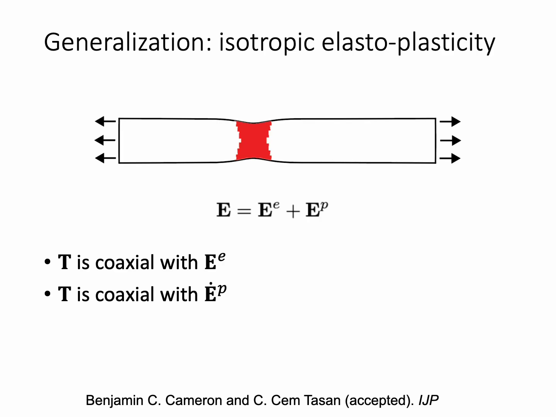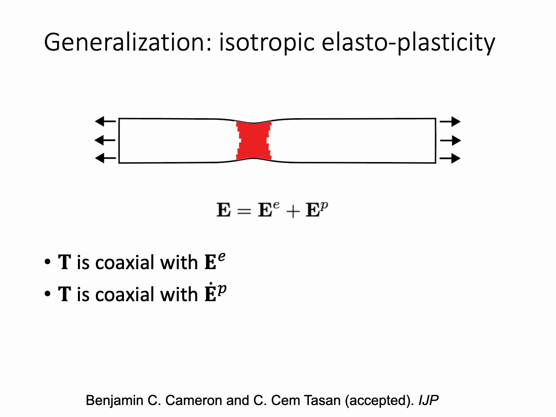However, one of the most important generalizations that we recently figured out, and this has just been accepted in IJP, is elastoplastic generalization to this problem, because sometimes we don't know which regions are elastic, which regions are plastic, and when we can make these assumptions, especially in a complicated setting with different domains.